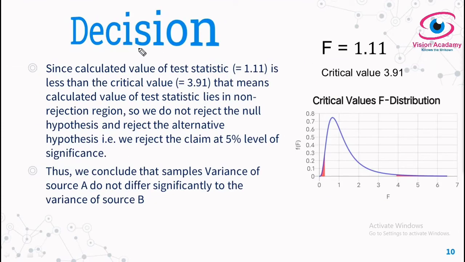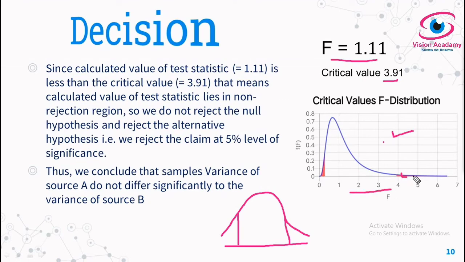Now the last stage is to make a decision about the null hypothesis. Our tested value is 1.11 and our critical, tabulated value is 3.91. I think you know how to make a decision under parametric test statistics. Since it is a two-tailed test, the rejection region falls on both sides. I have generated the critical region for the F test. You may see in this figure that the red shaded areas are rejection regions and the non-shaded area is the non-rejection region.